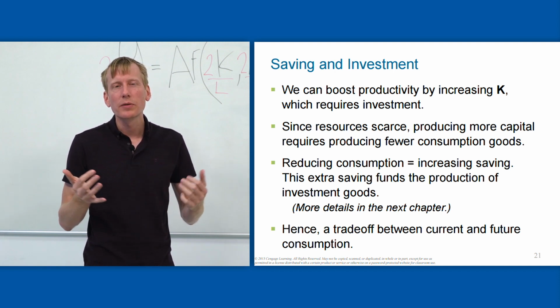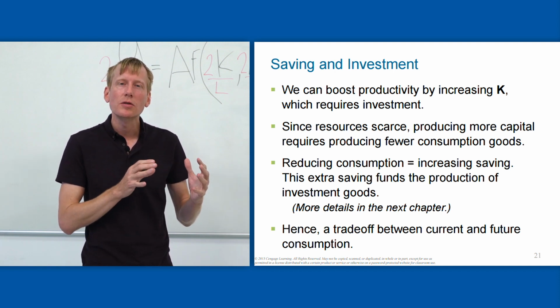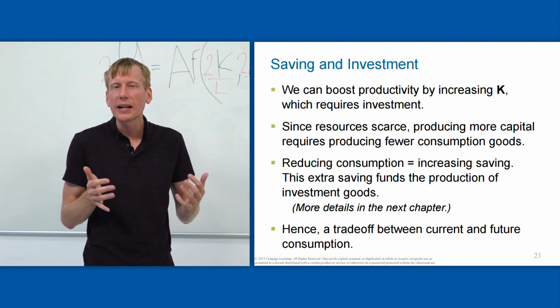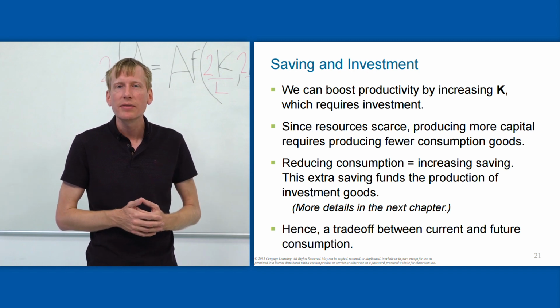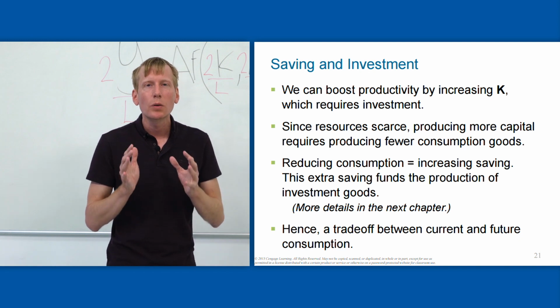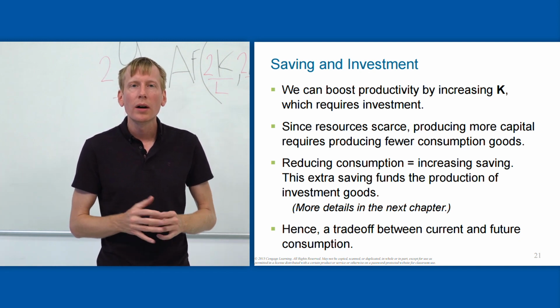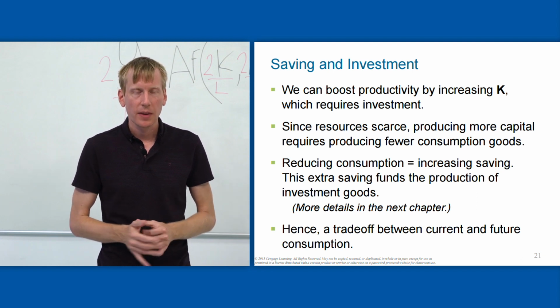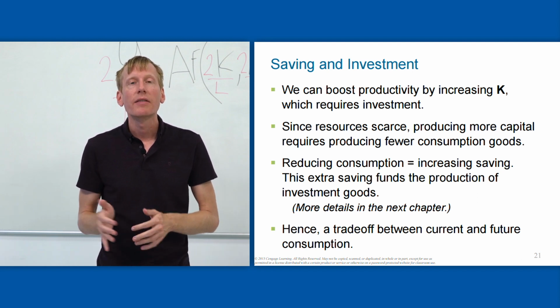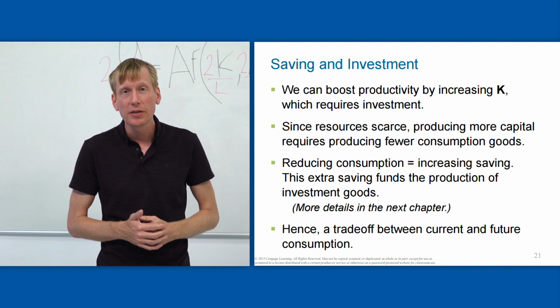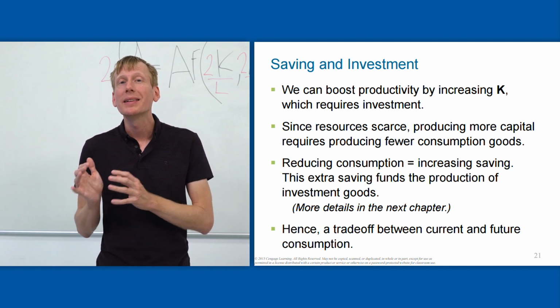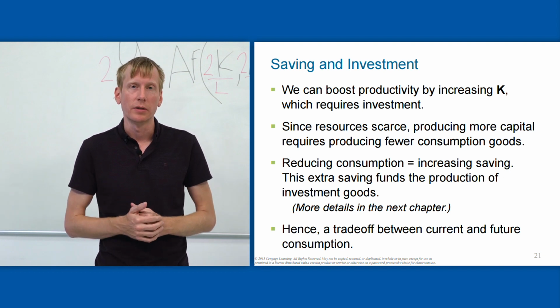But there's a reason to it nonetheless. Even though we'll consume less in the short run and therefore have lower standards of living in the short run, we hope that our economy, because we save more and invest more, will grow faster. If our economy grows faster, then we'll have higher standards of living in the future, and we'll have higher ability to consume in the future.